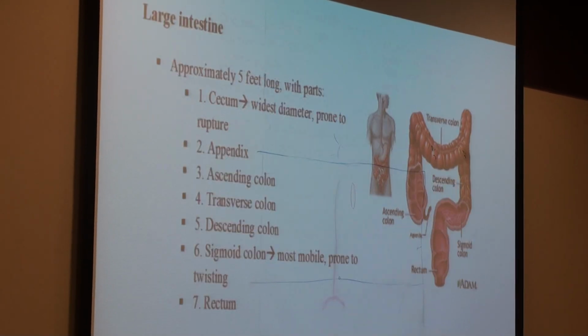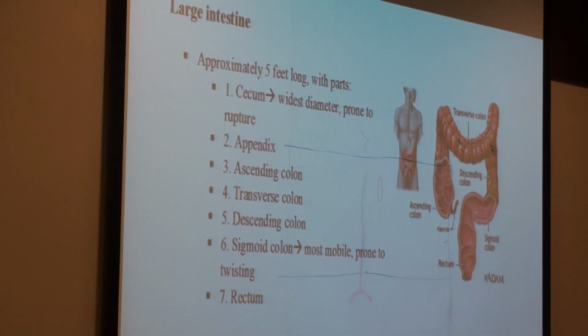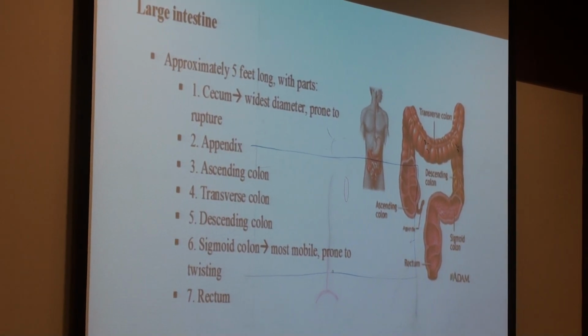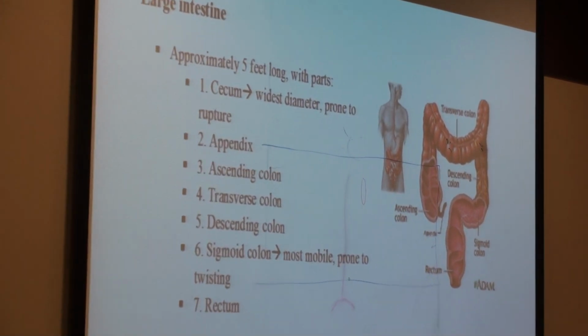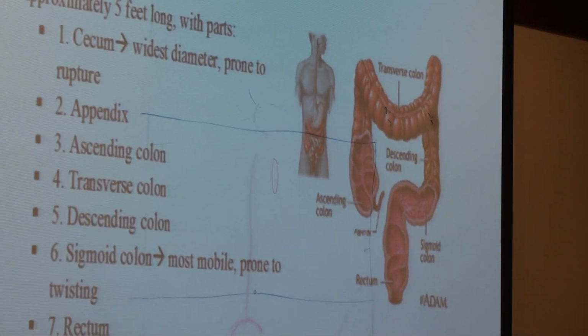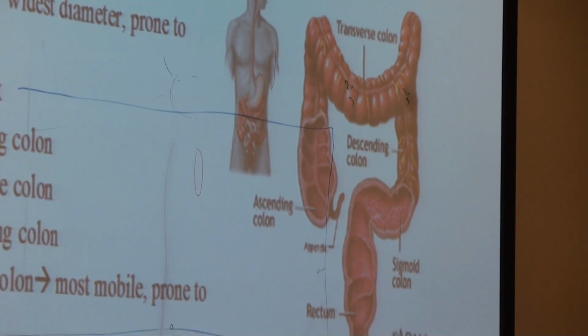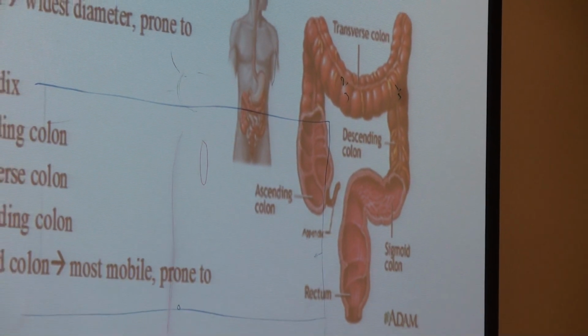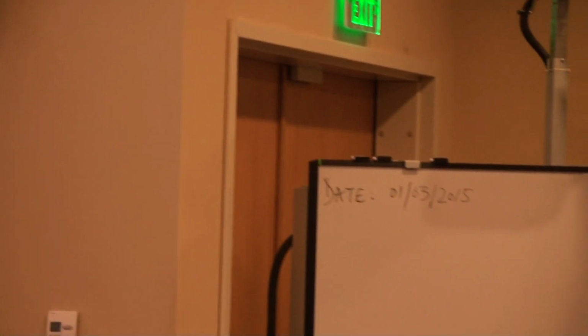Next slide please. After this the journey is carried out to the next part that we call the large intestine, the large gut. This tube differs from the small intestine in diameter and length, but even though it is shorter than the ileum, we call it large because the diameter is more.